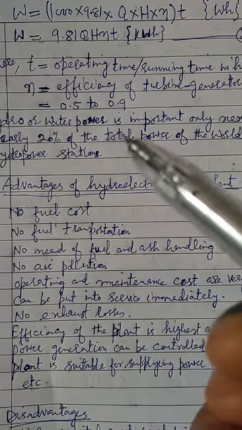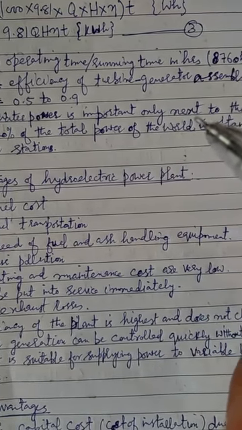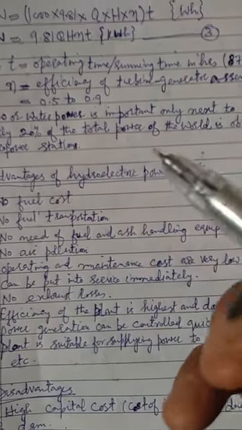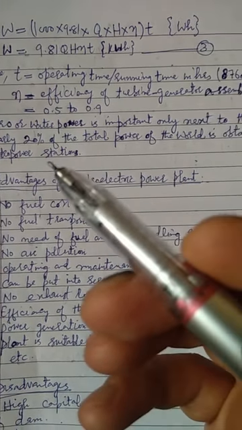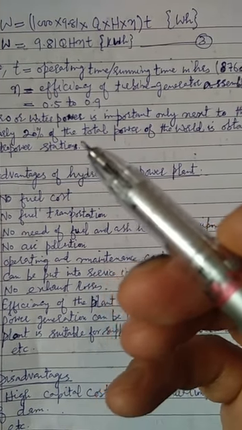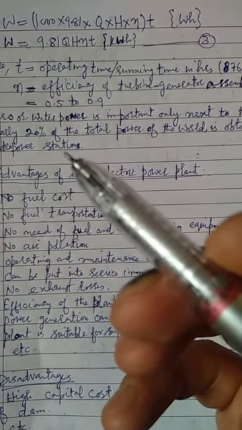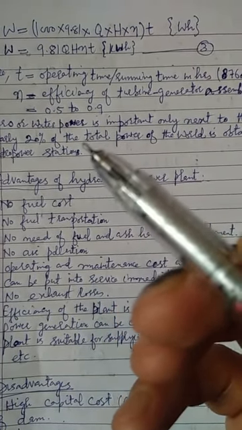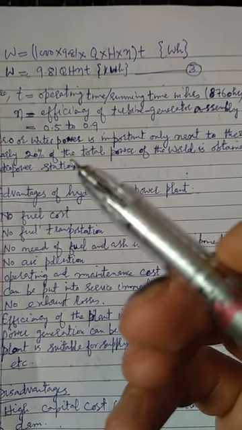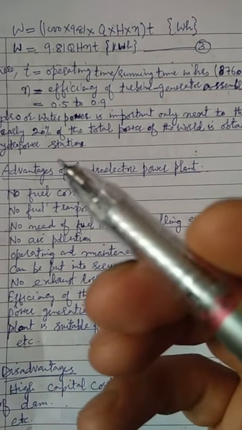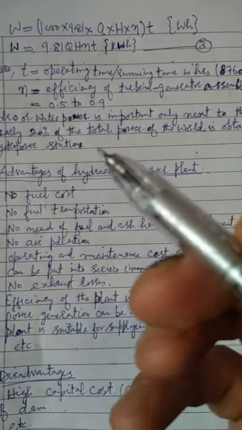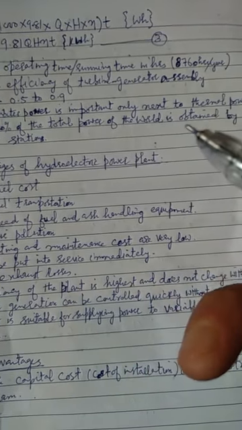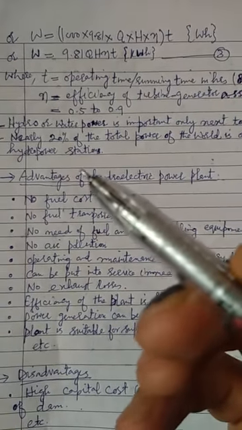Hydro or water plants are important only next to thermal power plants. As I told you already, 60% of electricity is produced from steam power plants, and after that the second comes the hydroelectric power plant. Nearly 20% of the total power of the world is obtained by hydroelectric power stations.